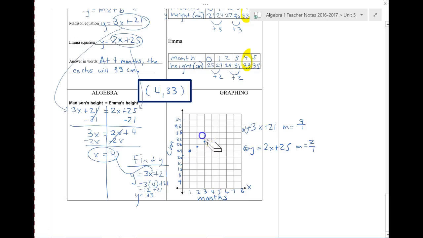I'm sorry, I forgot to go over 1. So I got to go up and then over 1. And then I keep going. So from 33 plus 3, well, that's 36. Then 36 to 39, 39 to 42. And then from 42 to 45, which is about right there. Okay, and then I make my line.